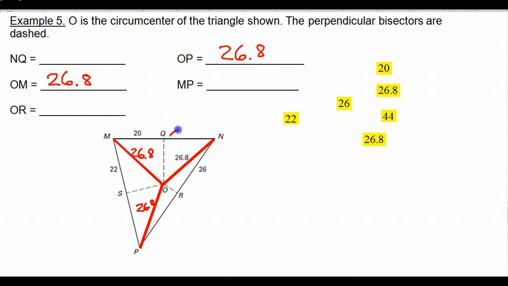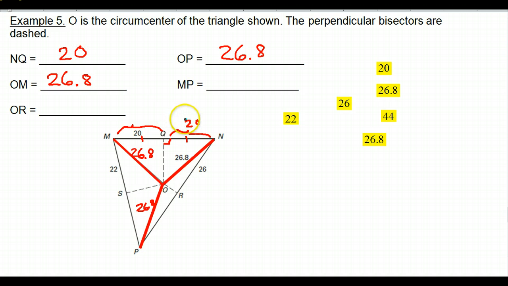NQ is this distance from here to here, obviously. What is that going to be? Well, look right here. This is 20. This is supposed to be a perpendicular bisector. So that means that these two sides should be the same. So if this is 20, then this is also going to be 20. So QN should be 20.